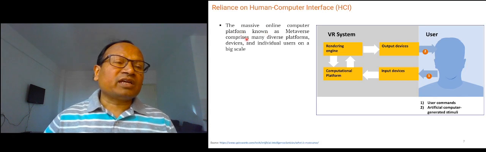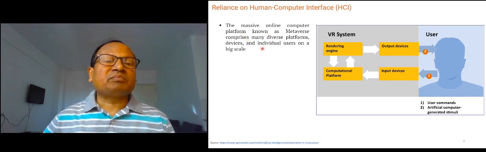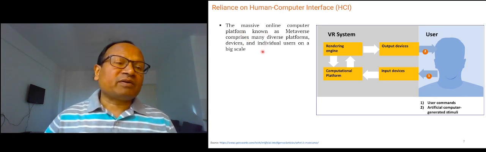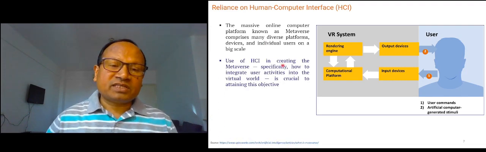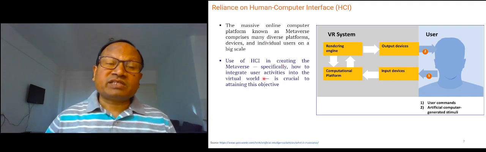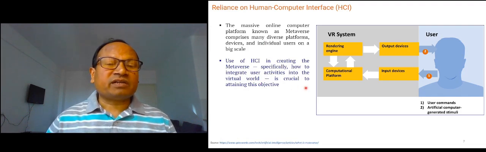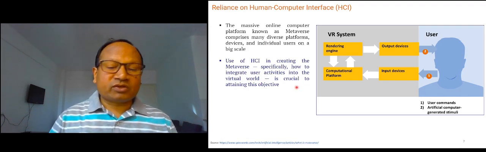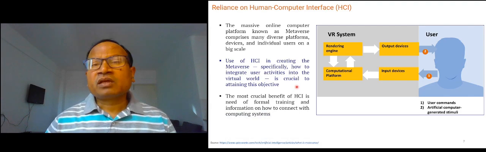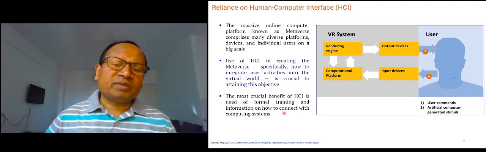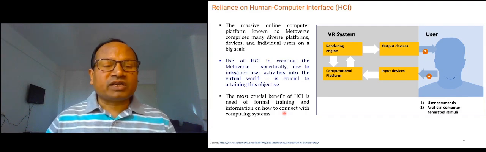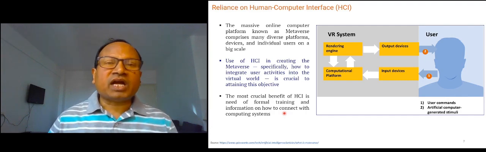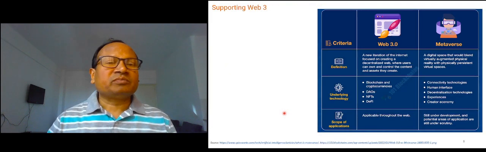So the metaverse, a massive online computer platform, comprises many diverse platform devices and individual users at a big scale. The use of HCI in creating the metaverse, specifically how to integrate user interfaces to the virtual world, is crucial to attaining the objective. The most crucial benefit of HCI is the need of formal training and information on how to connect with computing systems. So that also is very important.